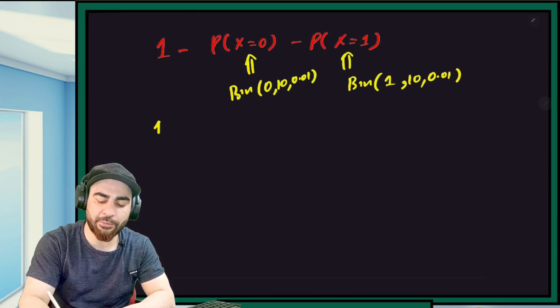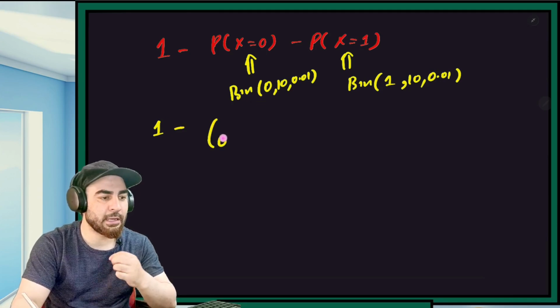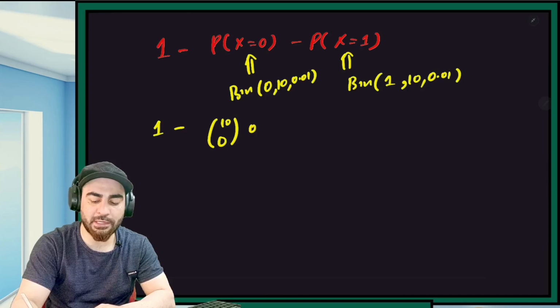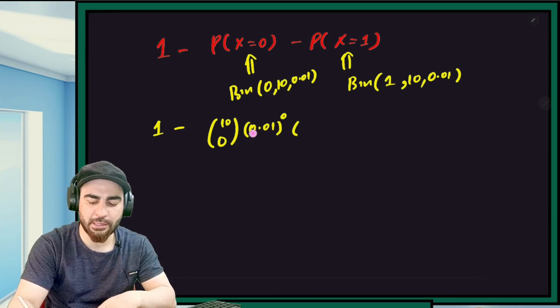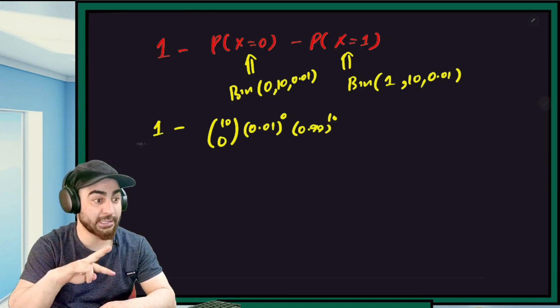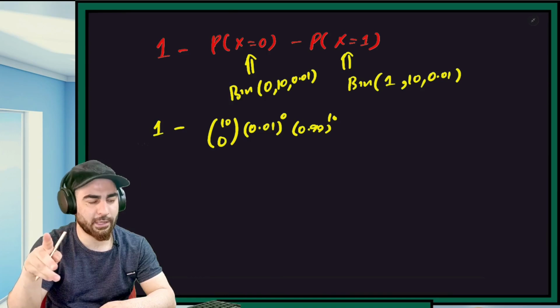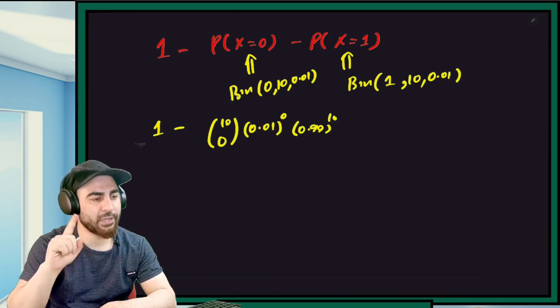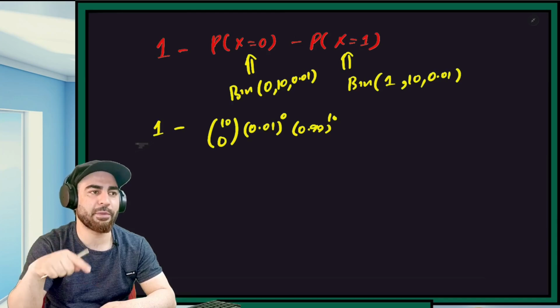Now when I compute this, it will be 1 minus, I want 0 successes out of 10, and the success probability is 0.01. How many successes do I want? 0 successes. So what is the failure then? This is 1 minus 0.01, that is 0.99 to the power of 10, because I want all of them to be failures. So here I considered failure as the success, as the product being good.